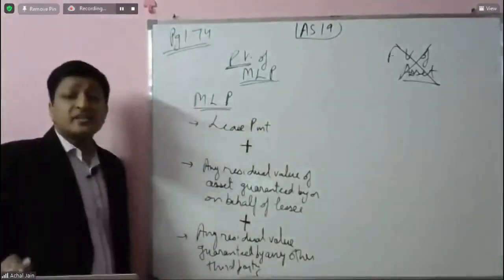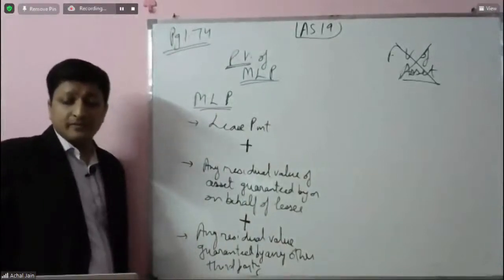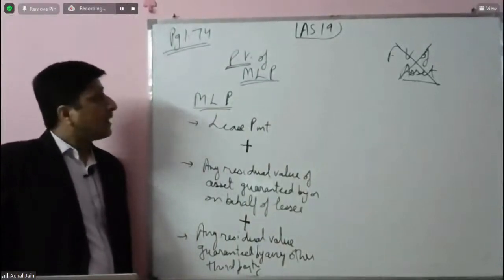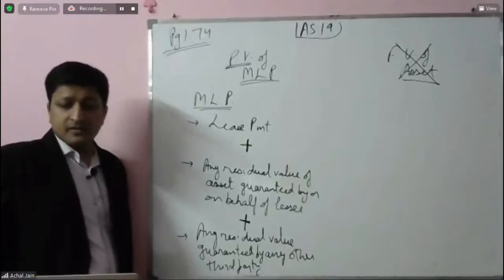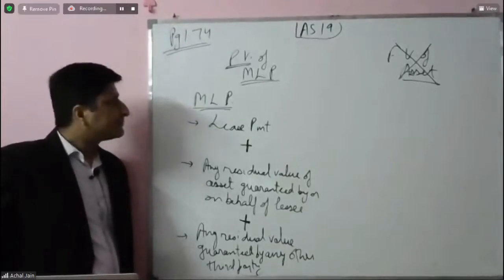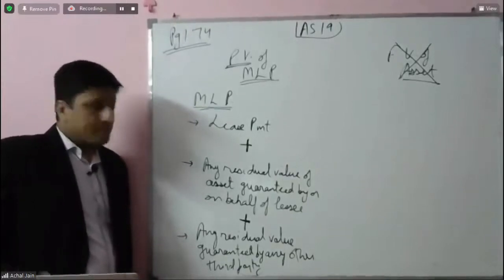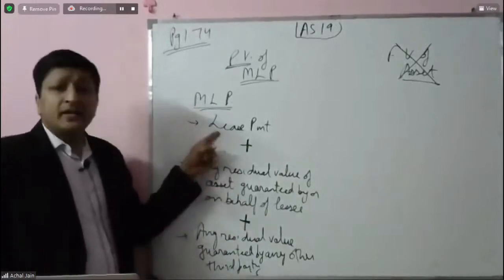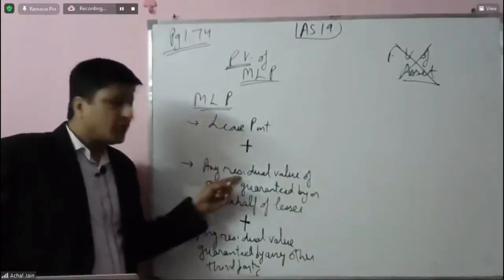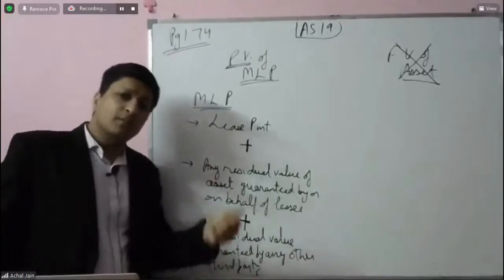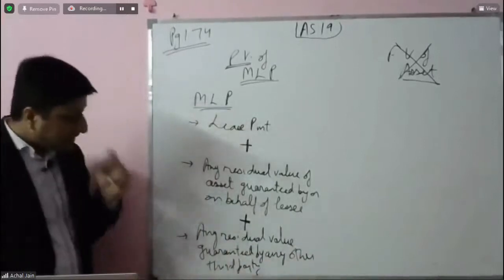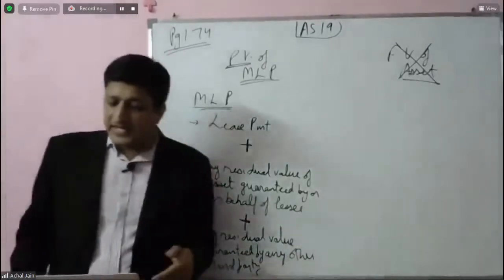So there are three things you will include in case of MLP. Lease payment, then the residual value which is guaranteed by the lessee or on behalf of lessee, and residual value which is guaranteed by any other third party.